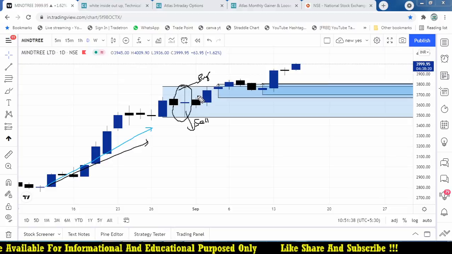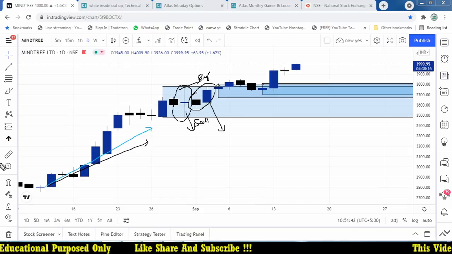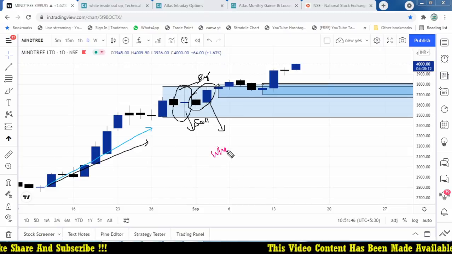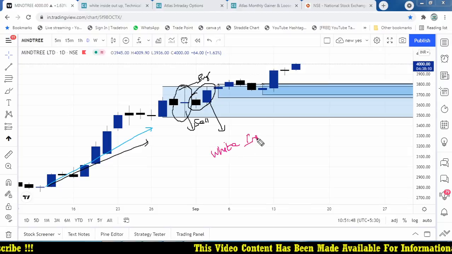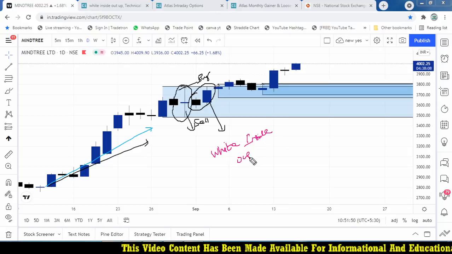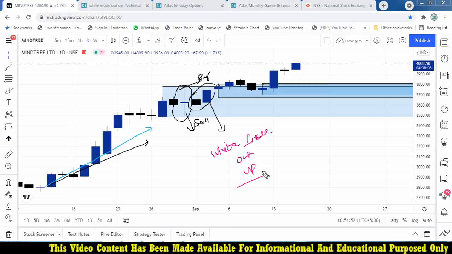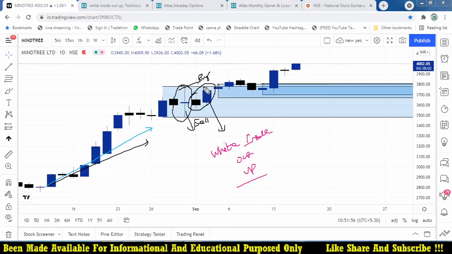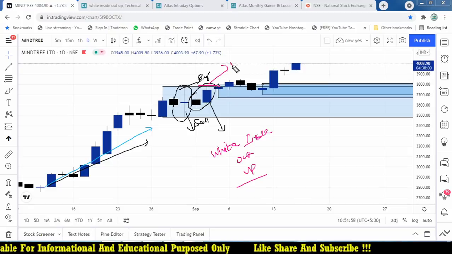Then in the next 2 days it forms this candle. This is our candlestick pattern, inside out up. That candle formed at that level, so again it gives you confirmation that there is a buy opportunity once it is broken.